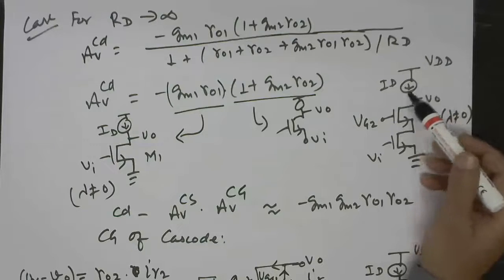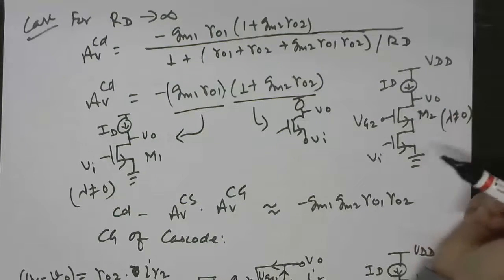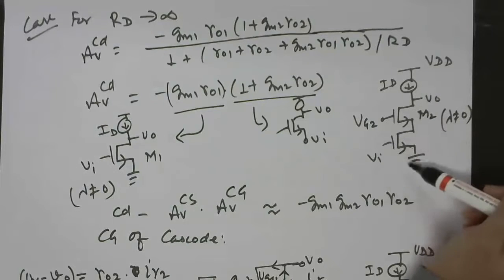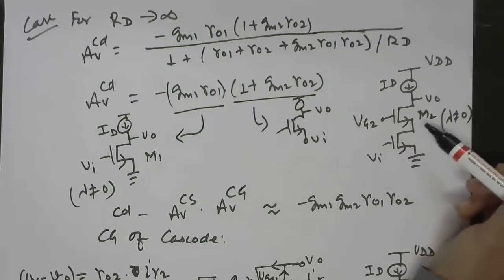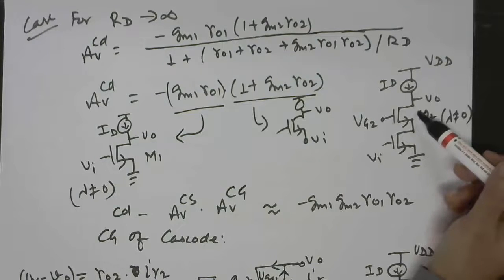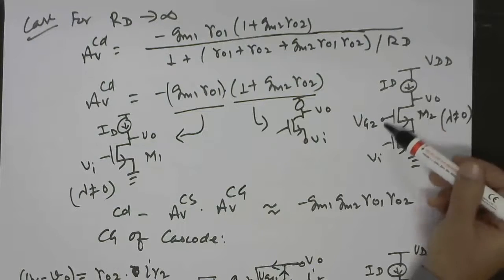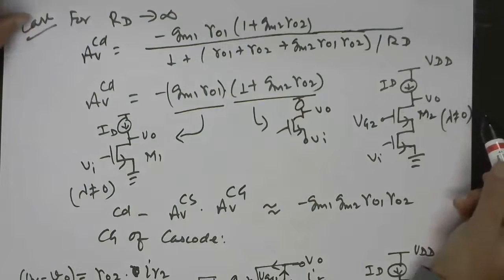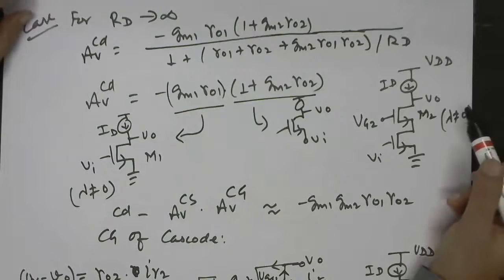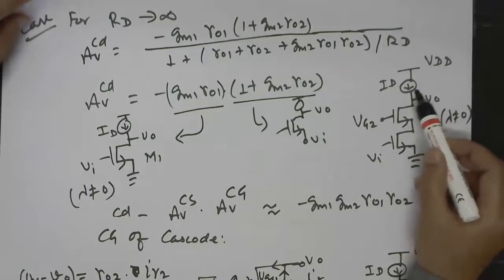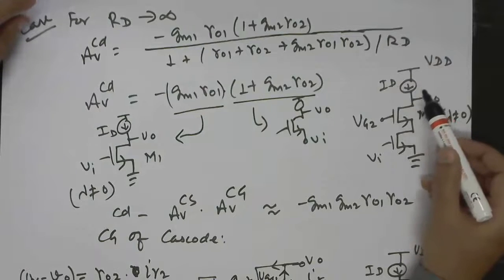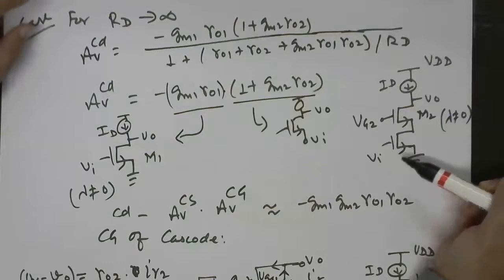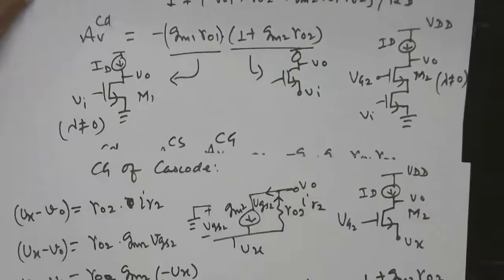So the question comes, how do we implement that requirement? And fortunately, the same configuration can be used as a current source also. In fact, that was the first application of the cascode as a more practical or better current source. So this current source itself can now be substituted by a cascode configuration.